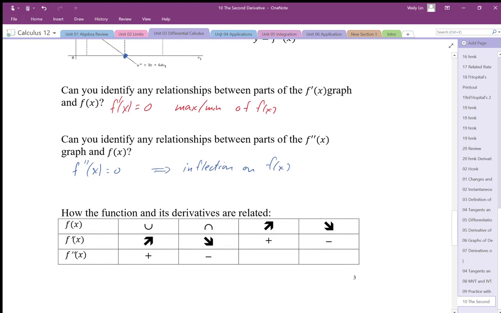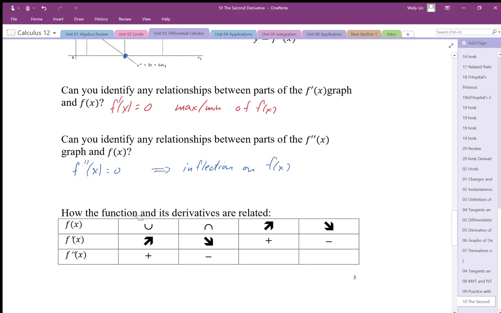So if we look at this chart here, this chart's very useful. These are the charts that we want to start drawing when we start looking at functions, because we want to know what the shapes of these functions are. So if my original graph has a max or min, that means the curvature is like this. That means the first derivative is increasing.